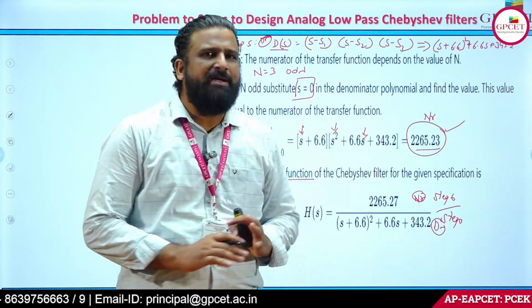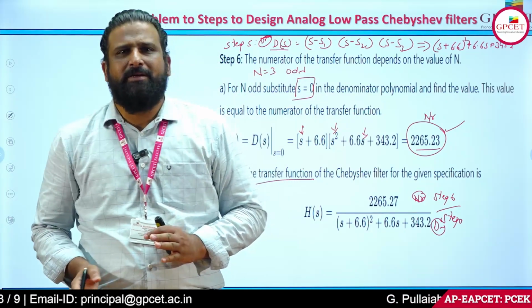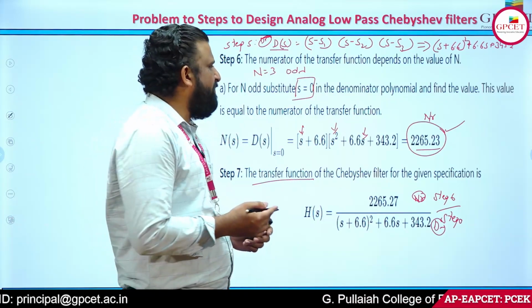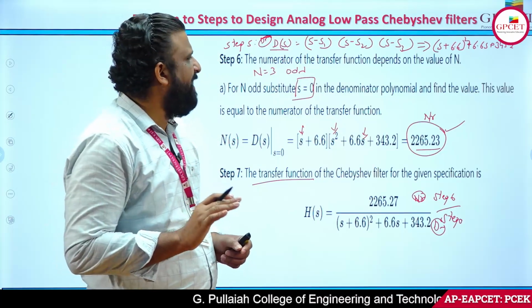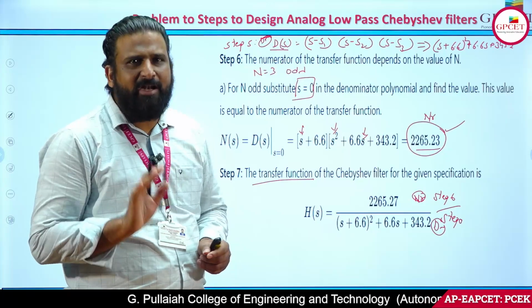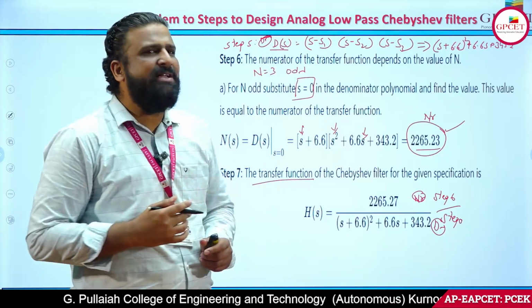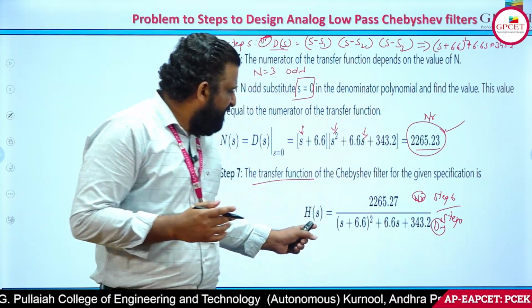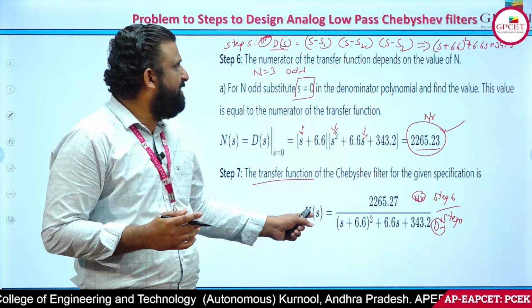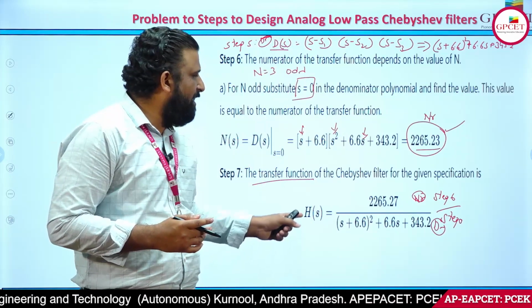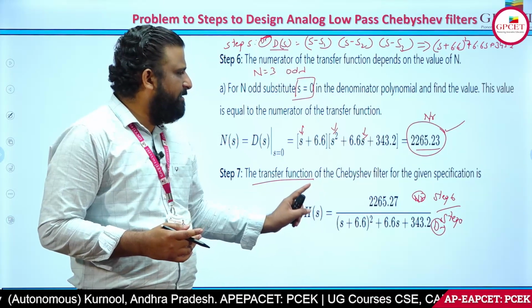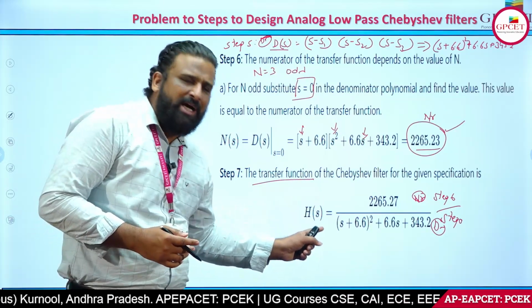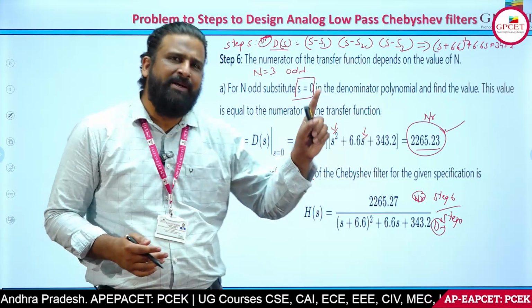Now, the thing is not completely completed. Why? Because first what we have done here is find the transfer function of the analog filter. The value which we found here, H of S, is the transfer function of the analog filter, both Chebyshev or Butterworth. Now we need to convert this analog filter into the digital filter.